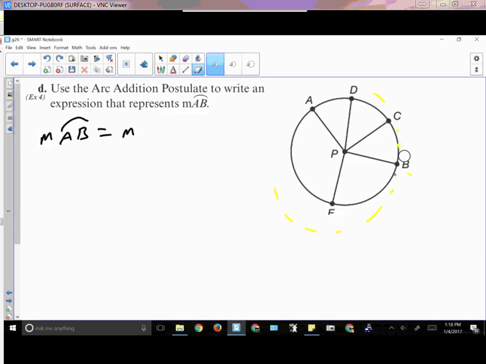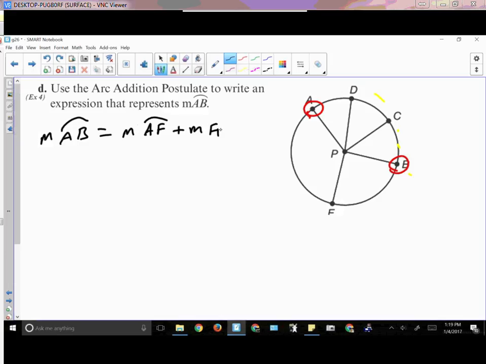ABF? Well, yeah, but CBF? Okay, but where am I going to start and where am I going to end? If I want arc AB, I got to go from A to B. Those have to be my endpoints. So there's a possibility that I could write this as a measure of AF plus the measure of FB.